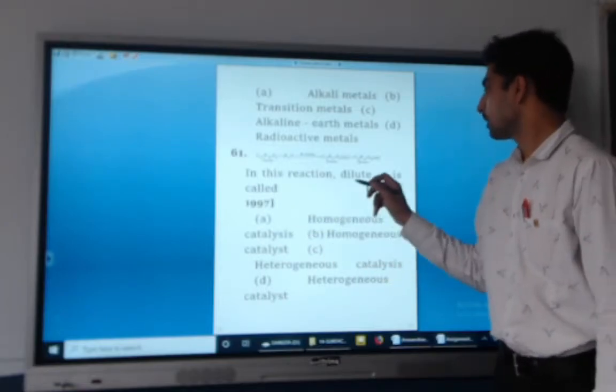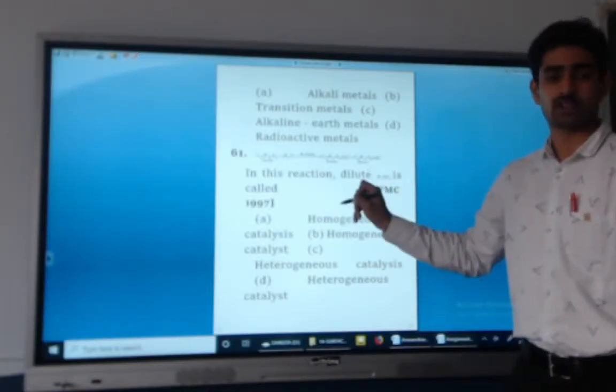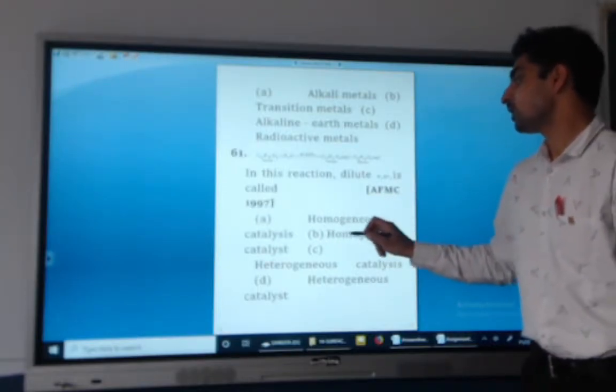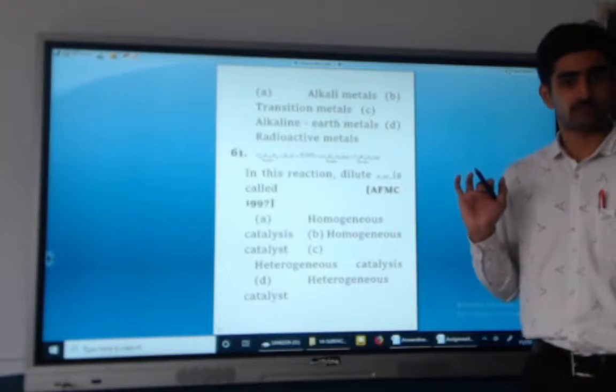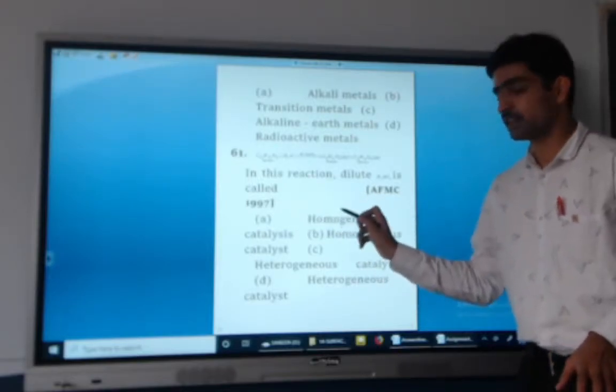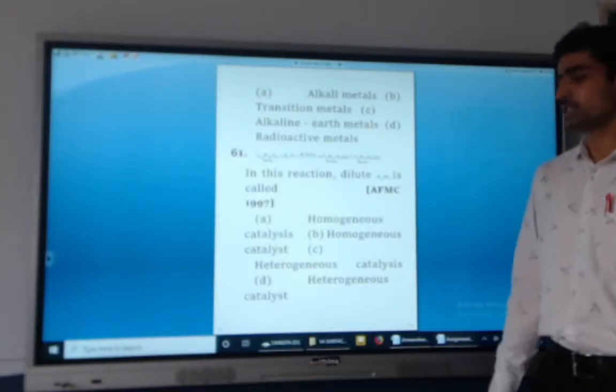But here they have asked particularly about H2SO4, where H2SO4 acts like a homogeneous catalyst. The same phase present in the reaction is called homogeneous catalysis.